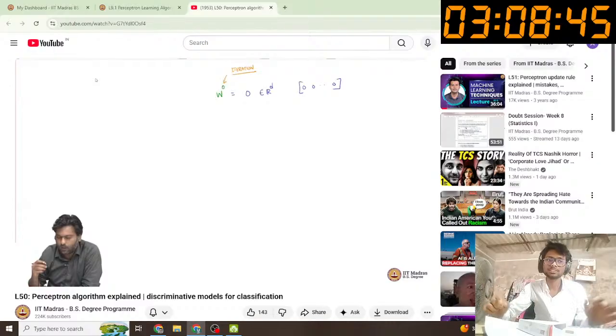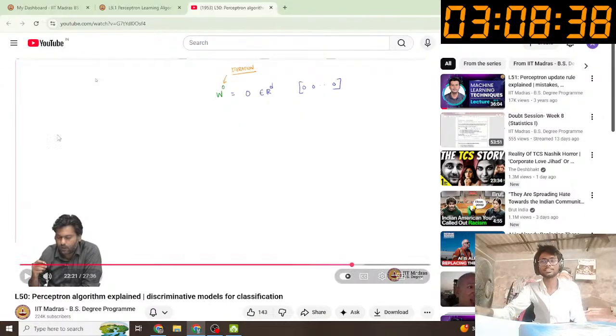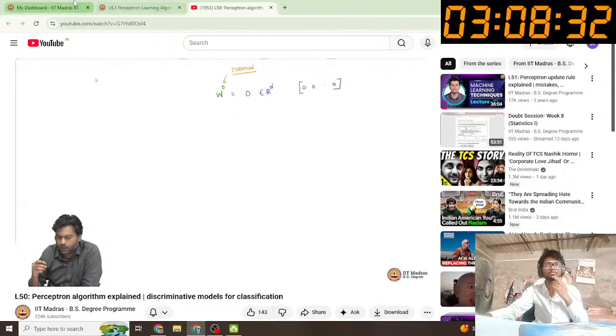There we used this kind of notation for iteration number, and even in the gradient descent problem discussed in this course.